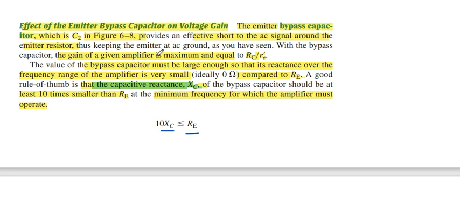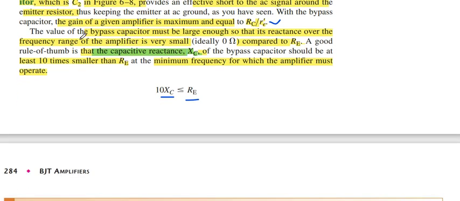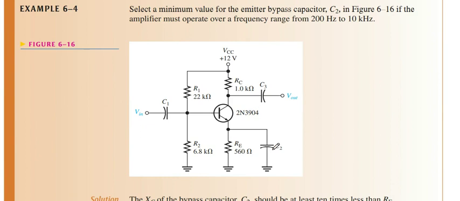As we know, the maximum voltage gain is Rc over Re prime. The bypass capacitor C2 acts as a short circuit for AC, or the capacitor C2 does not affect the signal on AC.